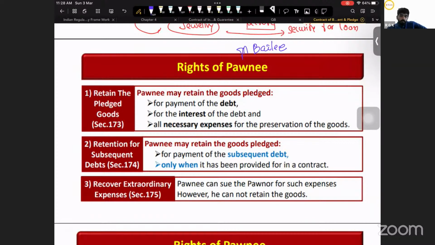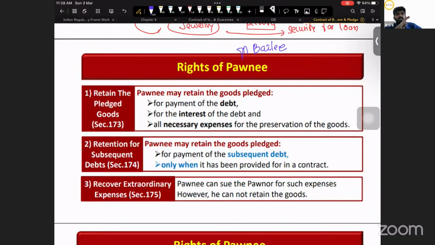Or suppose the bank incurs some necessary expenses, maybe for safeguarding that particular jewelry. Bank may incur some insurance. Bank may have a locker rent. For recovery of those necessary expenses also, goods can be retained.